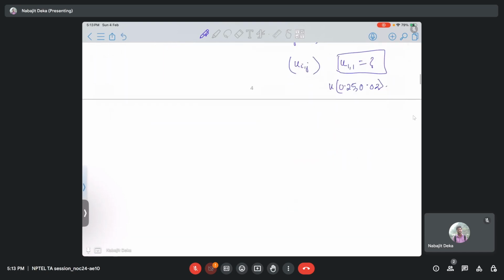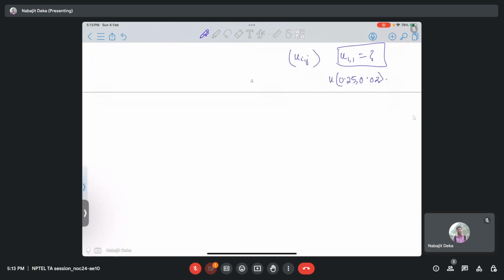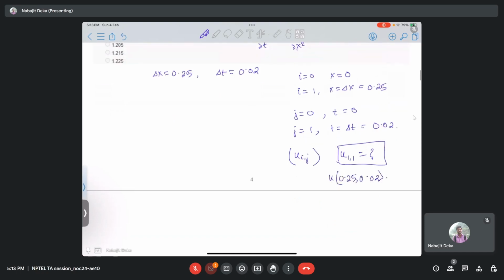So for the explicit scheme, first of all, we know the value of r. r is delta t by delta x square, so it will be 0.02 divided by 0.25 square, which is 0.32.